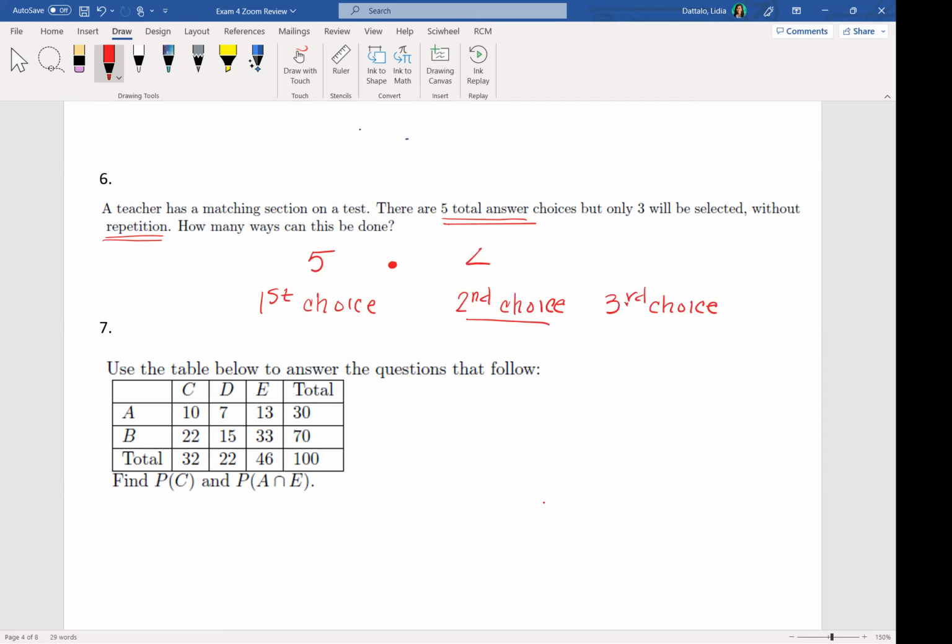Times the third choice, I only have 3 answer choices to pick from. So if I multiply all these, I'm going to get 60 ways that this can be done.